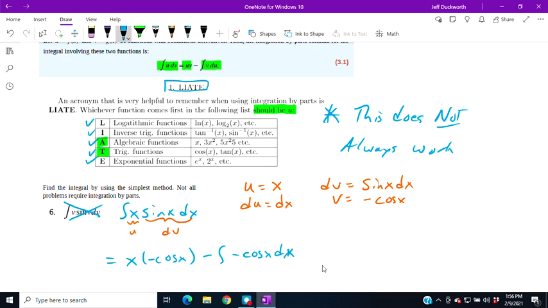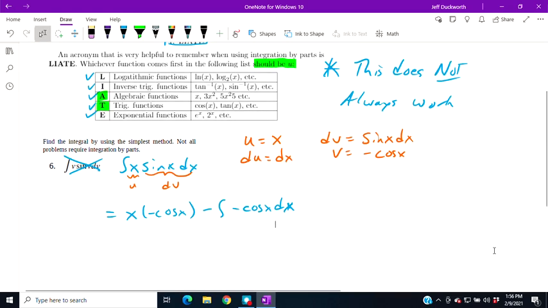Well, we can integrate what would become cosine in the same manner that we did the integral of sine. The integral of cosine is just sine. The integral of sine is negative cosine. So this becomes negative x cosine of x. And then we have two negatives here, so this is just plus the integral of cosine of x.